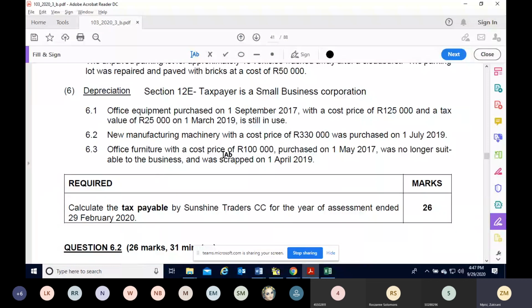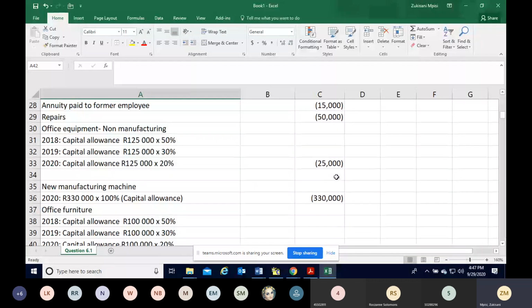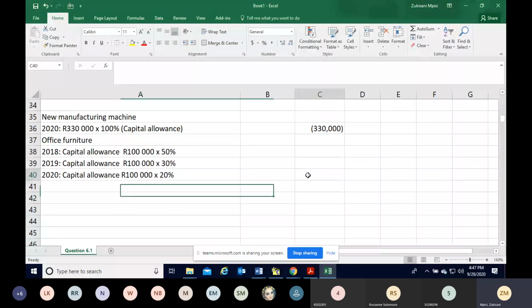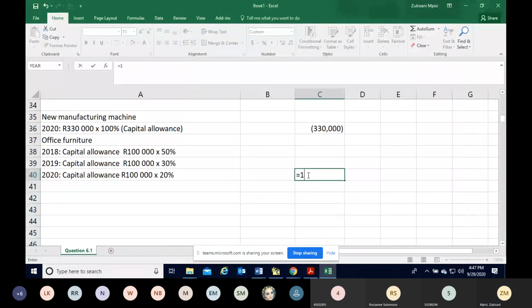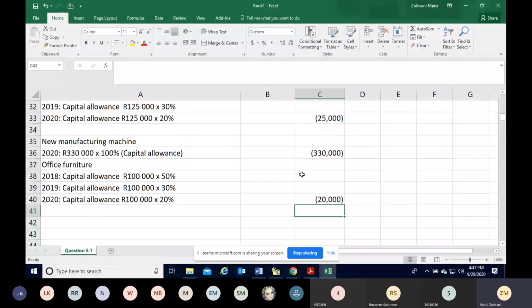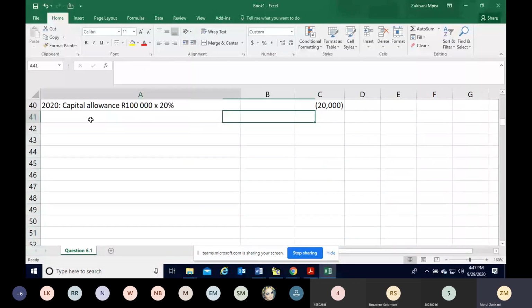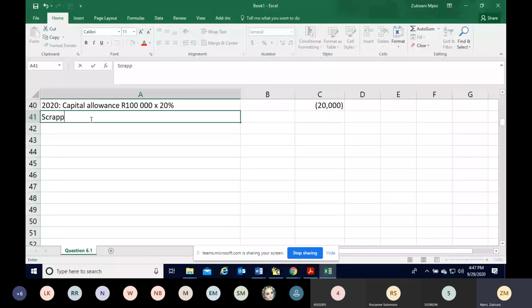It was bought in 2017. So for 2020, we're going to have 100,000 multiplied by 20%, which gives you 20,000. Let's make it negative. Now, the next thing that we need to calculate is called scrapping allowance.